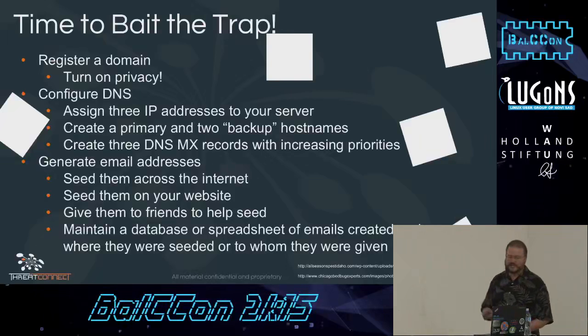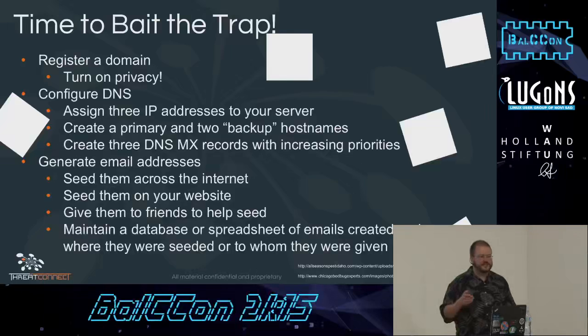Now, the next step is to configure your DNS. There's a couple of nuances here. It's very important to make sure that you don't have only one IP address, because you're trying to simulate a real mail server in a real enterprise. No company just has one IP address for their mail server. They have a set of IP addresses.